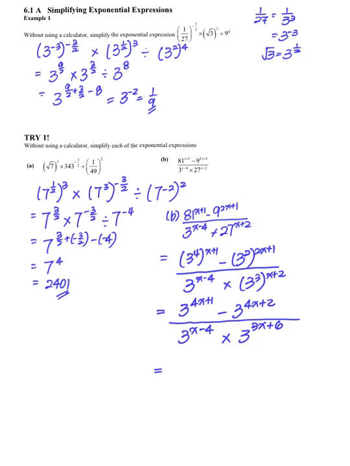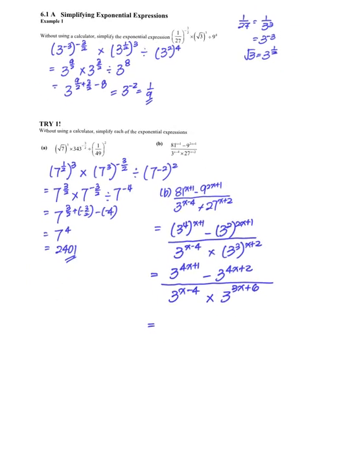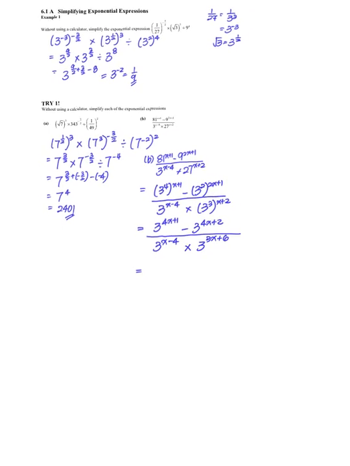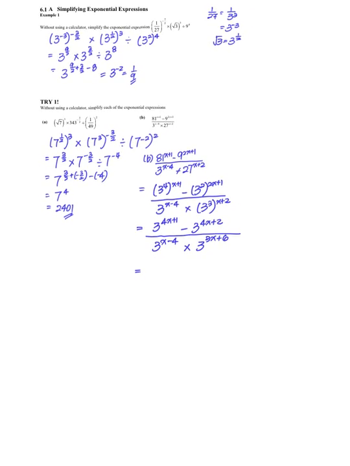The next part, what you need to do is to see how you can simplify everything. You look at your numerator first. You notice that there's a common factor, it's actually 3 to the power 4x.